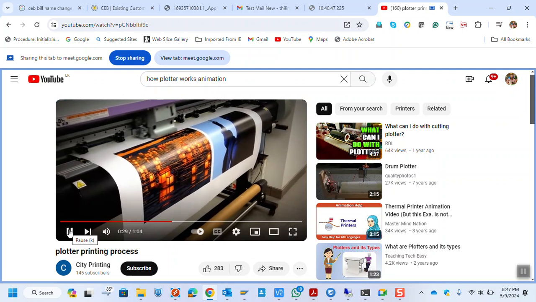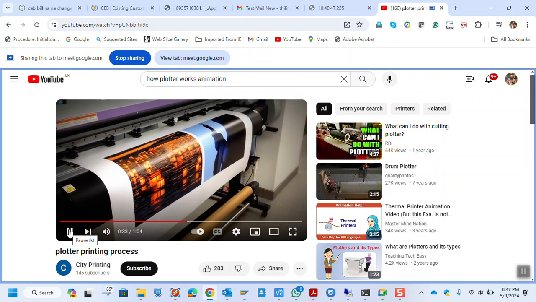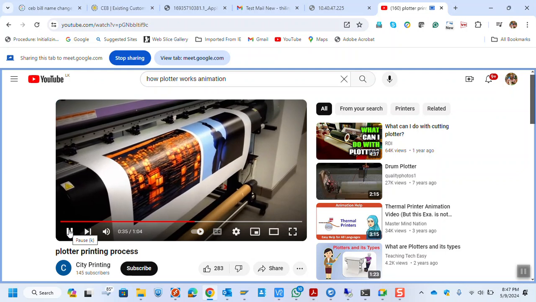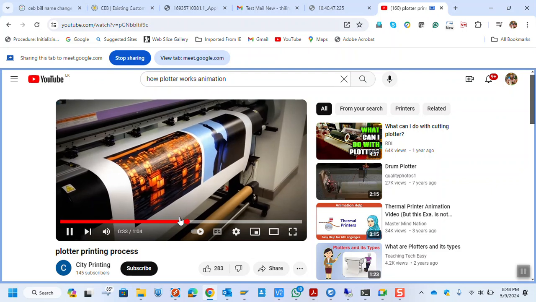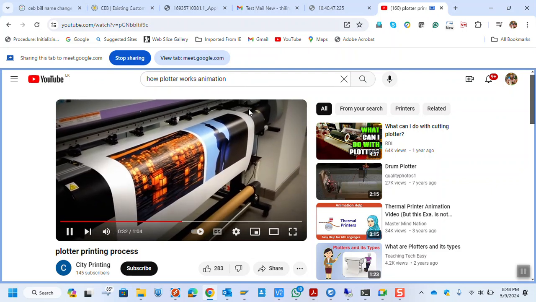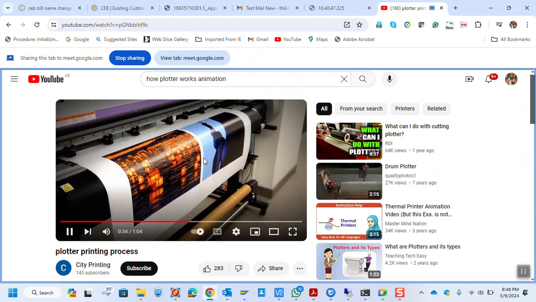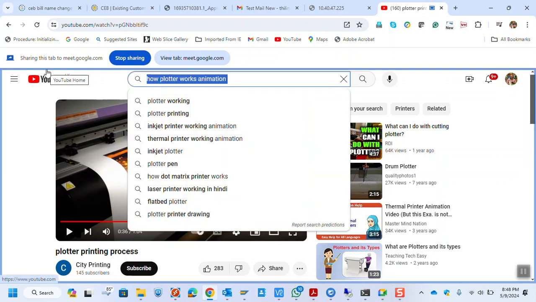See, slowly, slowly it's moving. See, once the head moves to the corner, the paper advances, right? And there are 3D printers.